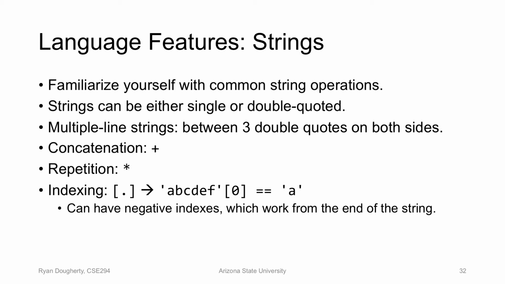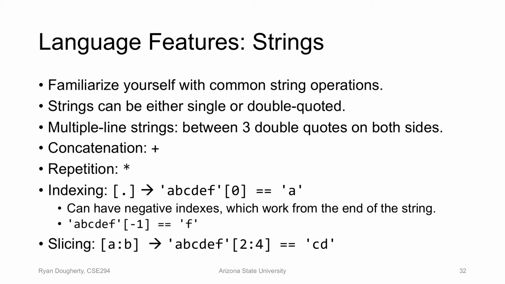So negative indexes work from the end of the string going toward the front of the string. So let's say that string we index at -1. So -1 is the very last character of the string. -2 is the second to last character. -3 is the third to last character, and so on. Cool. Yeah, so -1 of this index is the last character, which is F.